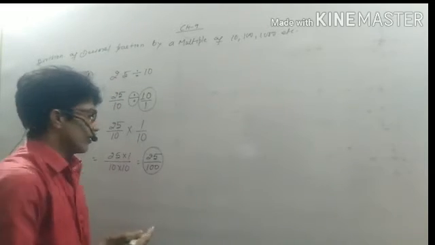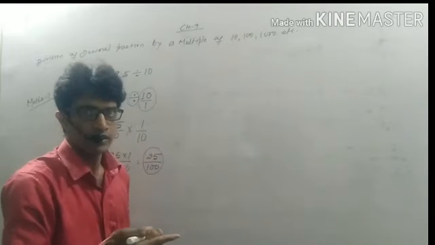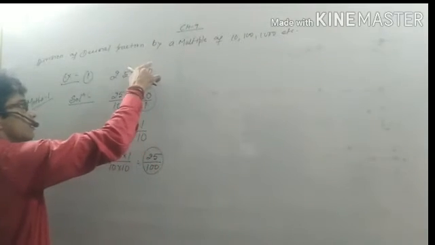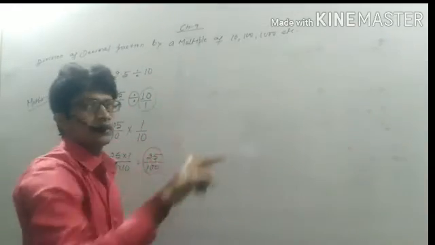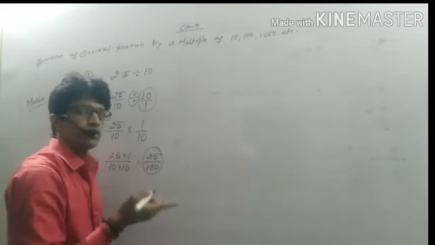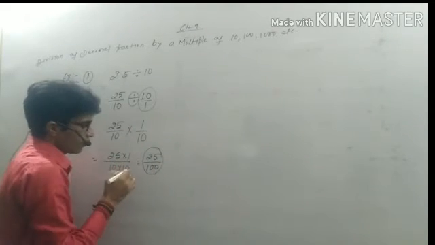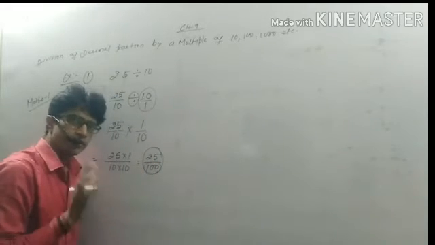And now again we have to change the fractional number into decimal fraction, because in this question the quotient is a decimal fraction. The denominator is 100, which has 2 zeros.